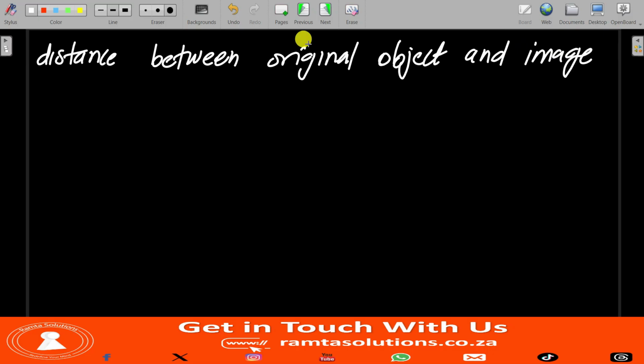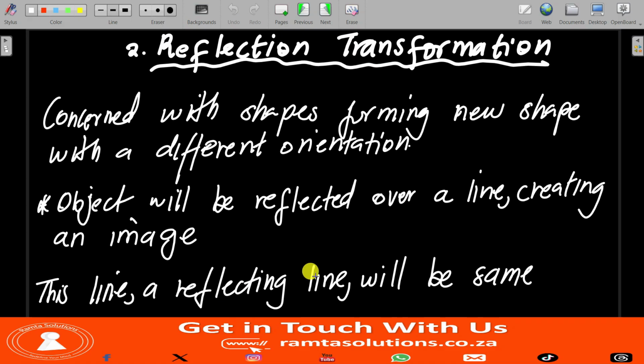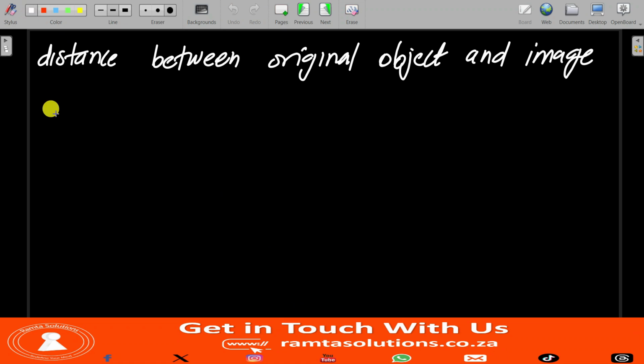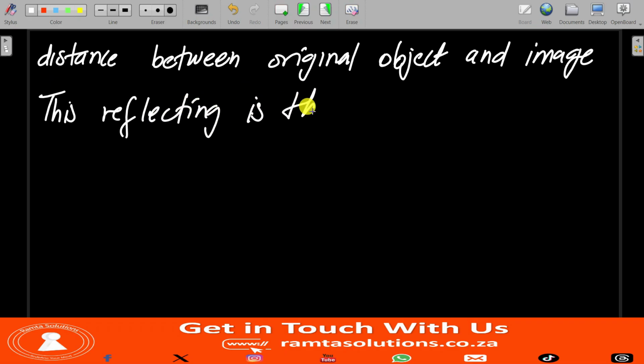So with reflection, you need a reflecting line. This reflecting line is an axis of symmetry.